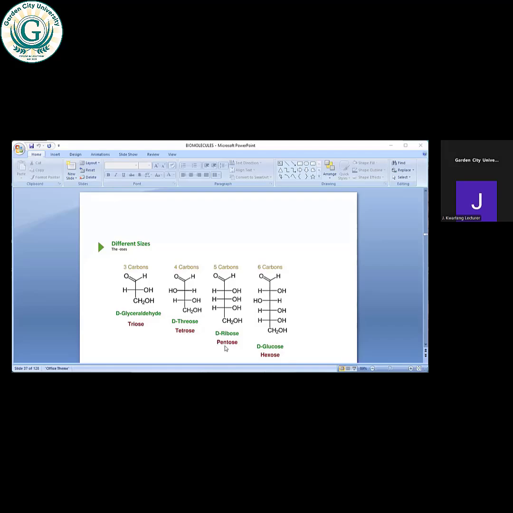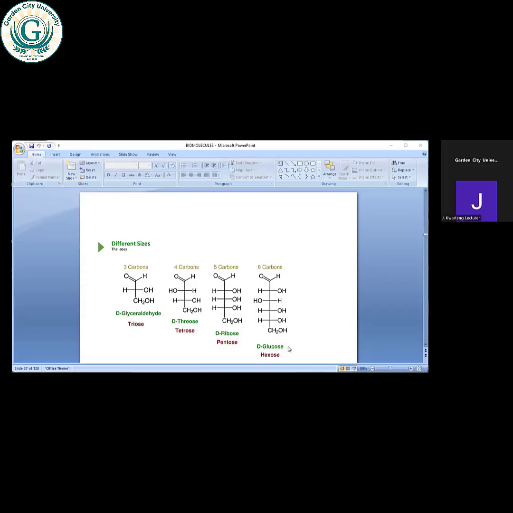Then we have pentose, which has 5 carbons: 1, 2, 3, 4, and 5. A common example is ribose. Another one is called ribulose. Then hexoses. These are the very commonest ones, and they abound a lot. An example is glucose. Another example is galactose.